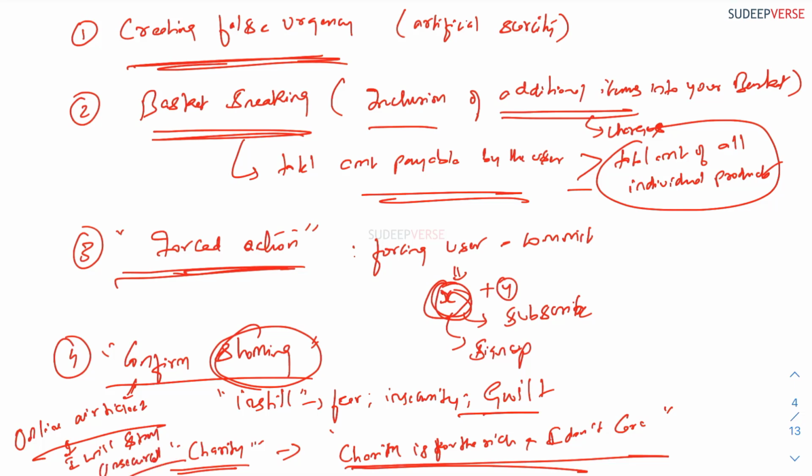By giving you that prompt, they are instilling fear in you, and that fear will make you rethink. This aspect of creating a shame will make you rethink and force you to confirm. This is known as confirm shaming. This is again done in several e-commerce websites.